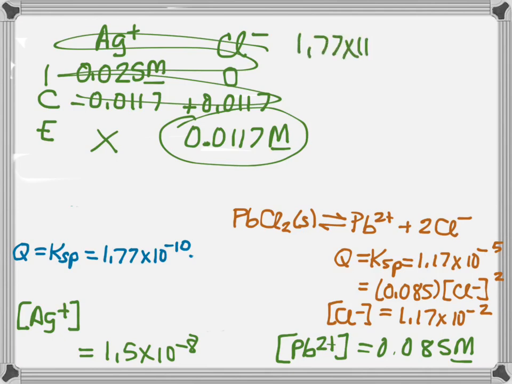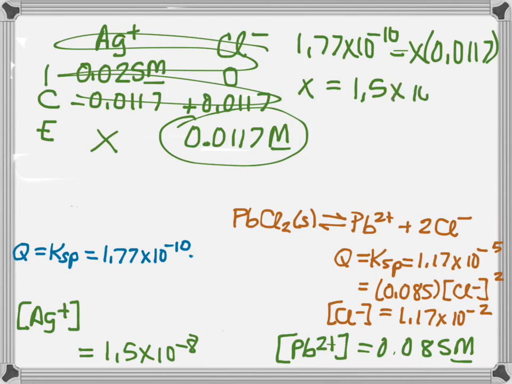That's the equilibrium concentration. We want to know what this is. 1.77 times 10 to the minus 10 equals x times 0.0117. So x equals 1.77 times 10 to the minus 10 divided by 0.0117.